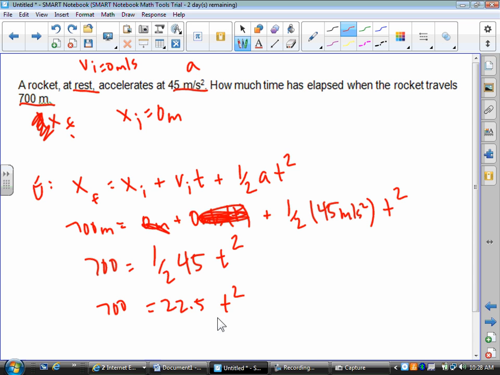What's the next step algebraically from this step? Not the square. Divide both sides by 22.5. Good. So these cancel, and you end up with t squared equals 700 divided by 22.5, which is what? What are these two divided by? 700 divided by 22.5.